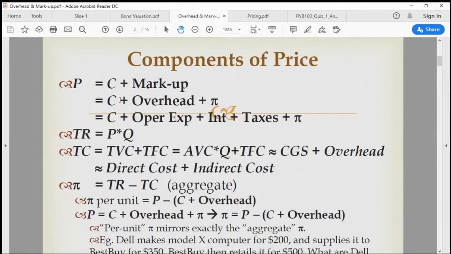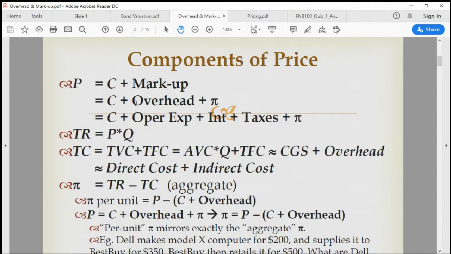Because if this is the direct cost, something has to give. The indirect cost must come out of something. What covers the indirect cost? Well, the markup. The indirect cost should come from the markup. But what is the indirect cost?